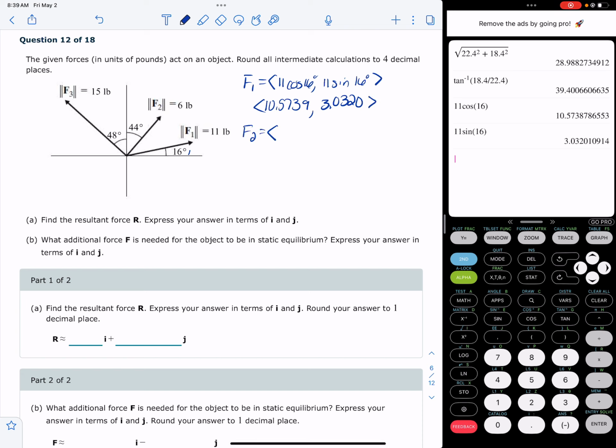Force 2 would be this angle, and all we're given is this part. So this would be 90 minus 44, or 46. So 6 cosine 46, 6 sine 46.